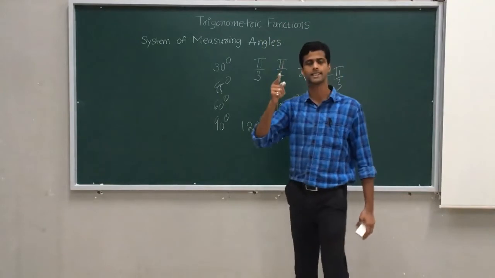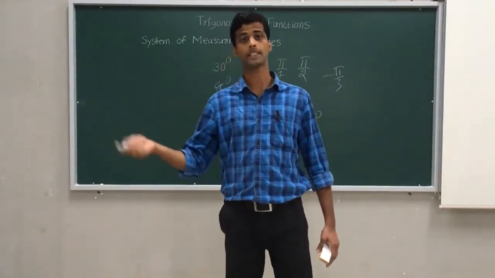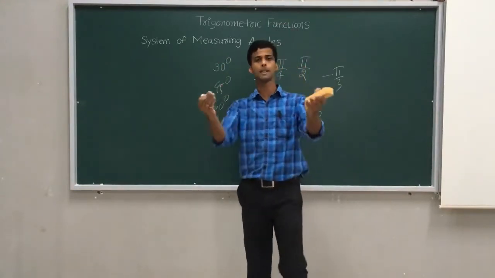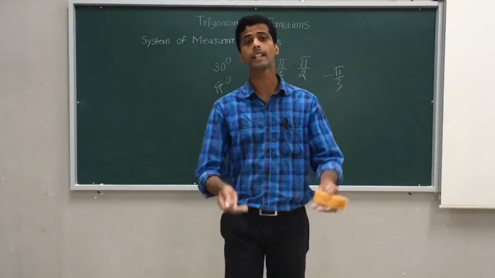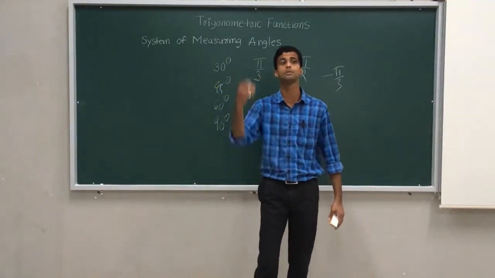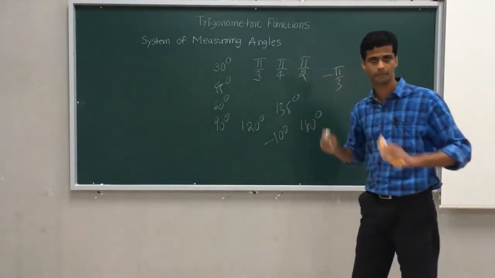One measure is degree measure. Second measure is radian measure. How to use degree measure? How to use radian measure? What is the difference between them? Which is most powerful? That we will discuss through this concept.